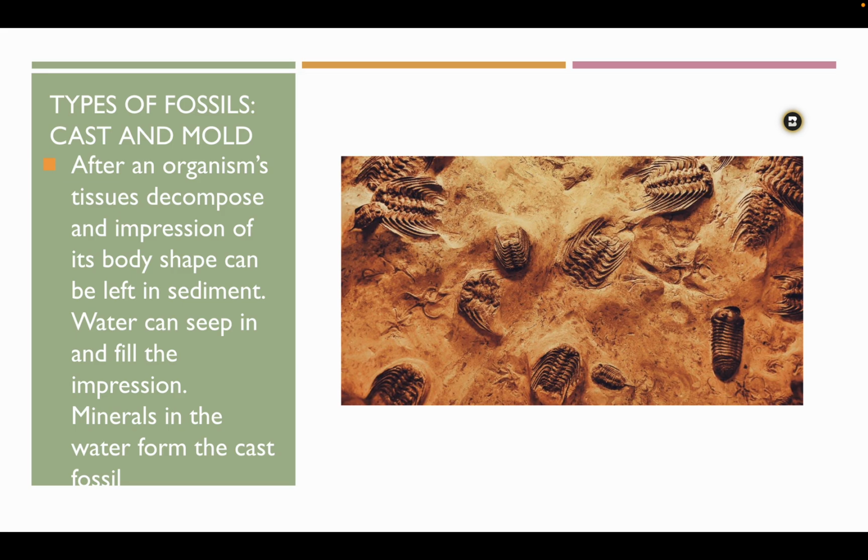Oceans, rivers, lakes all sit on top of sand. So when these water creatures die, they sink to the bottom of the ocean, they land in the sand, their tissues decompose into the sand, leaving an impression. That hard, calcium and magnesium filled water fills that impression, and now we have these leftover fossils.